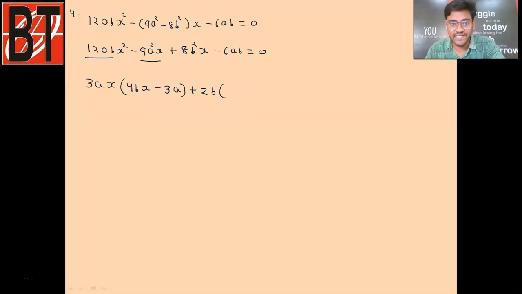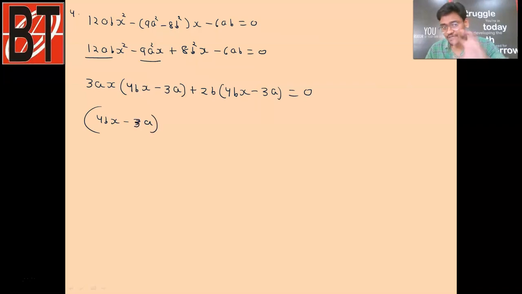So we will have inside the bracket 4bx minus 3a is equal to 0. You can check we got the same bracket as in the previous step.